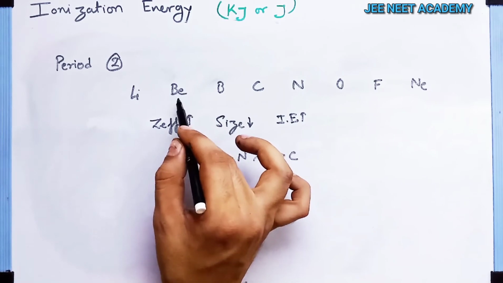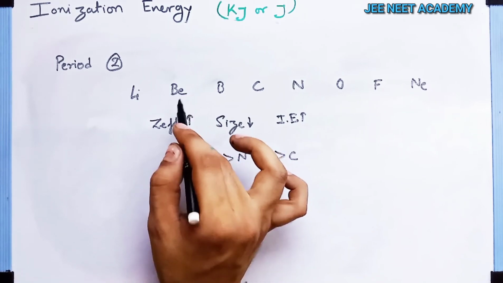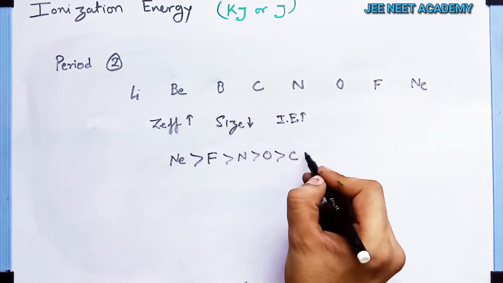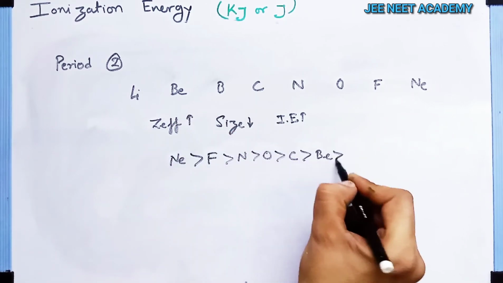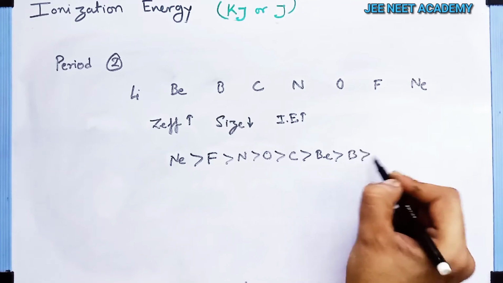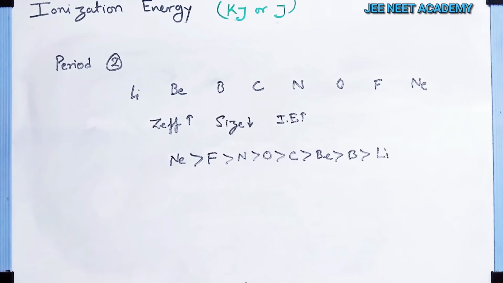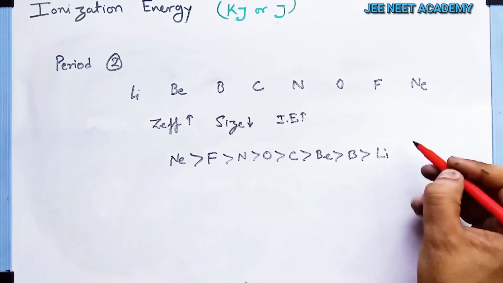But because beryllium's S subshell is fully filled, beryllium will need more ionization energy. Then boron, and then last lithium. So this is the order of first ionization energy.